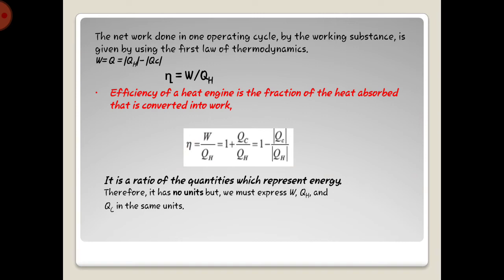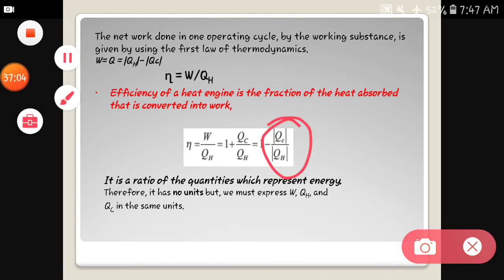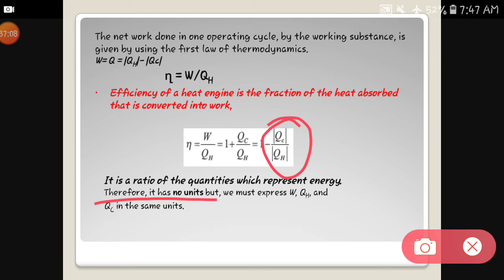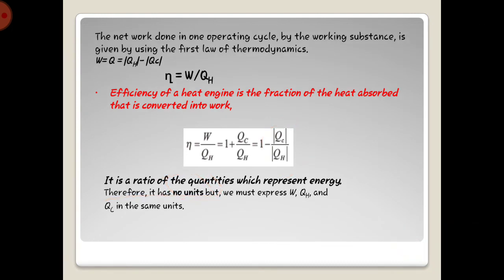Now does efficiency have a unit? No, it will not have a unit because these both terms are of the same kind, so the units get cancelled. So the efficiency has no units, because QH and QC both have the same unit and it gets cancelled. So this is all about the efficiency.